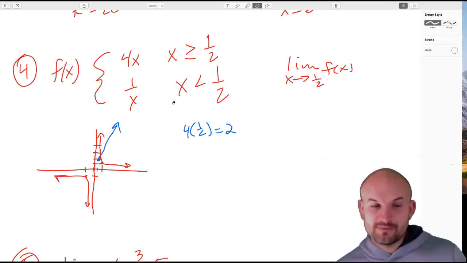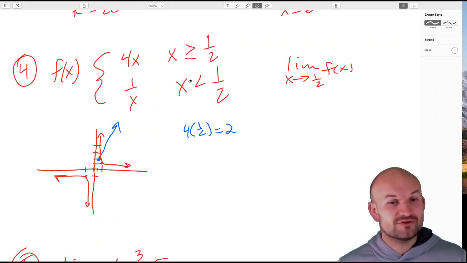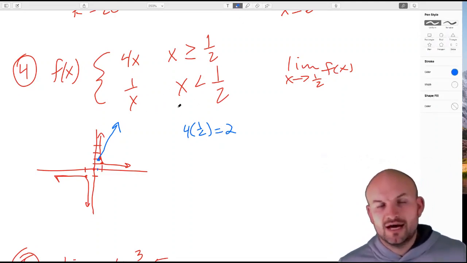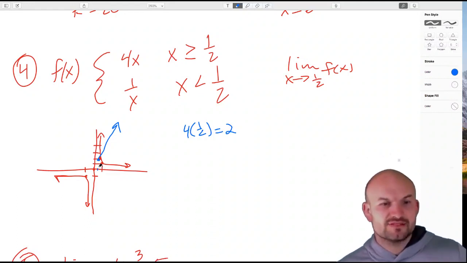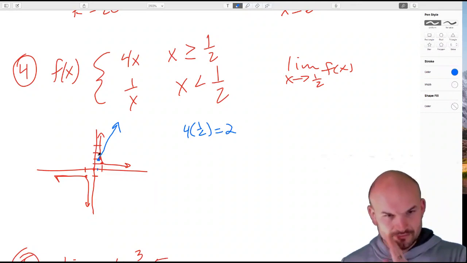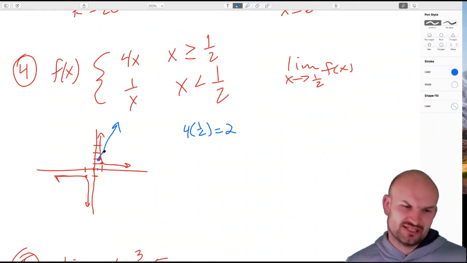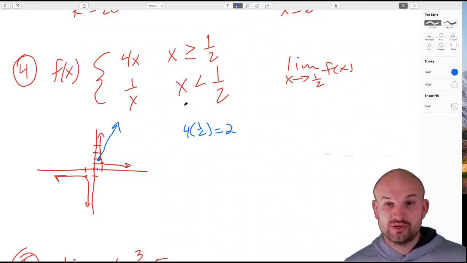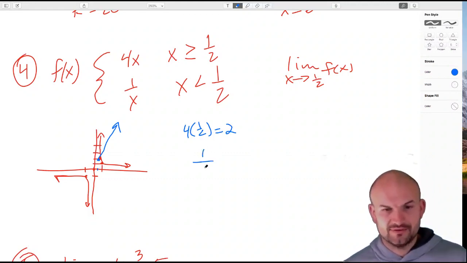Then the other one is the reciprocal function. The reciprocal function is for x values less than 1/2. When x is equal to 1/2, you can see that it's equal to 2 here. Again, kind of odd, right?